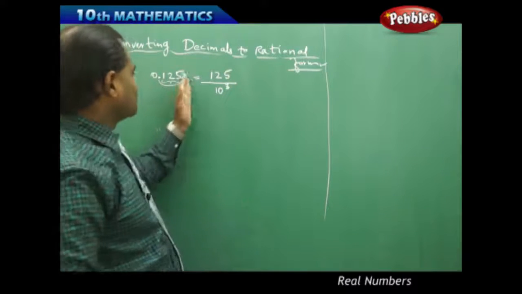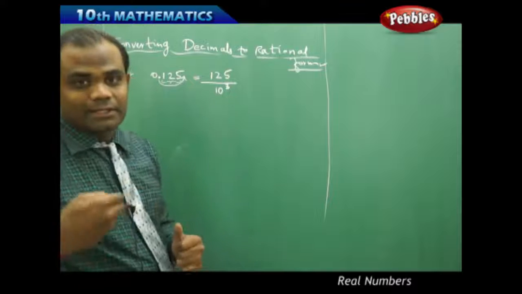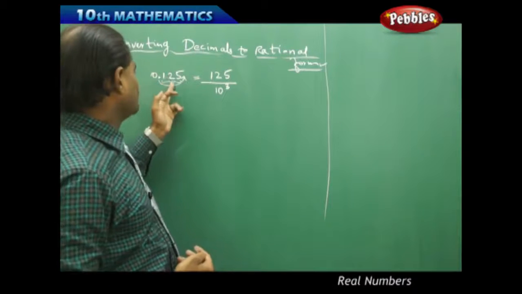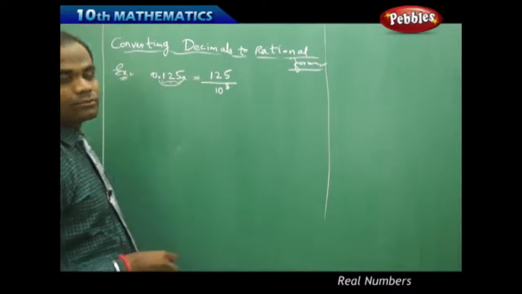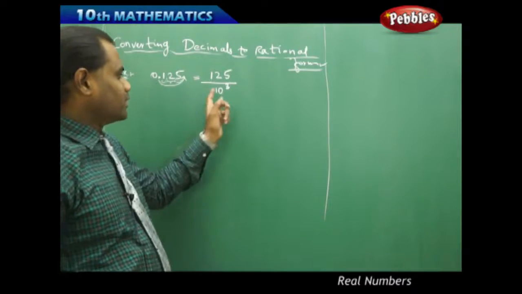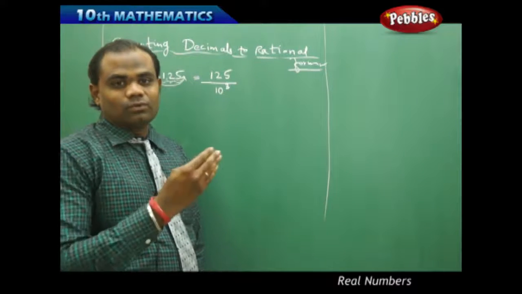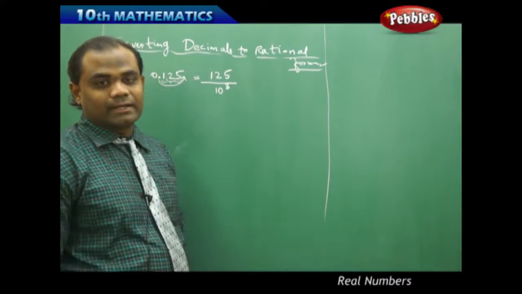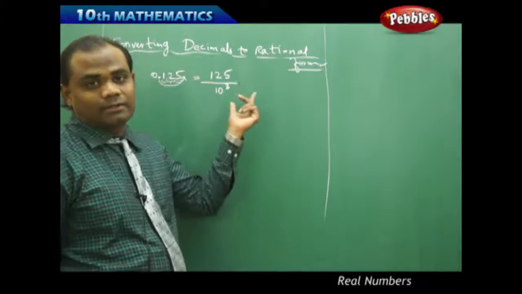Moving the decimal to the right makes me divide by 10 each time you jump: 1, 2 and 3. So 3 steps here. Therefore I get 10 power 3. If I need to move 5 steps to the right, then I write this as 10 power 5.